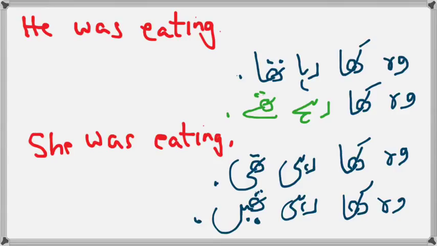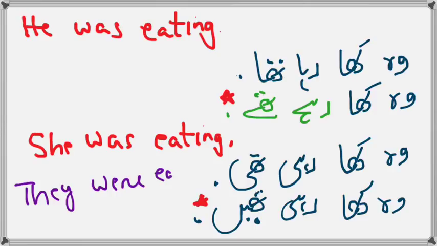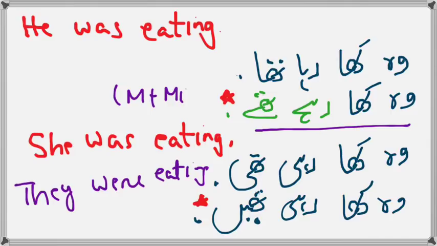And these second versions, वो खा रहे थे and वो खा रही थी, are also used for they were eating. And this first version is used for male plus mixed group. For example, male and female. And this version is only used for female.